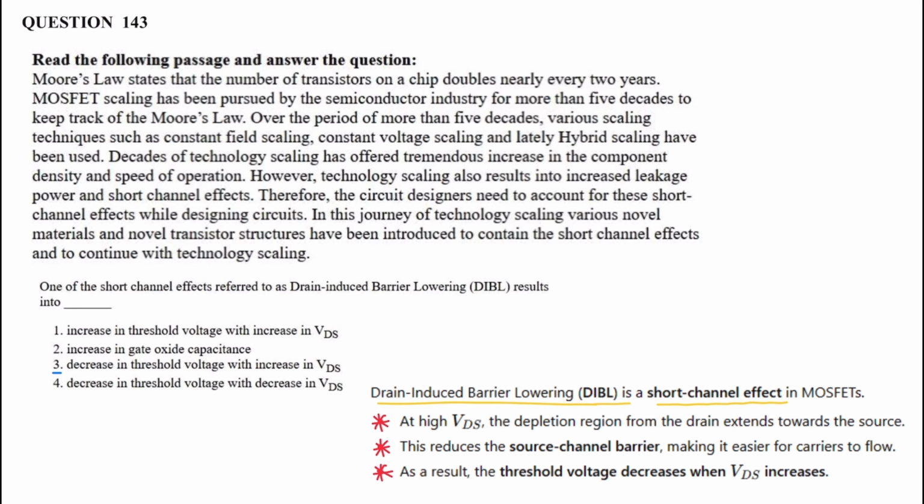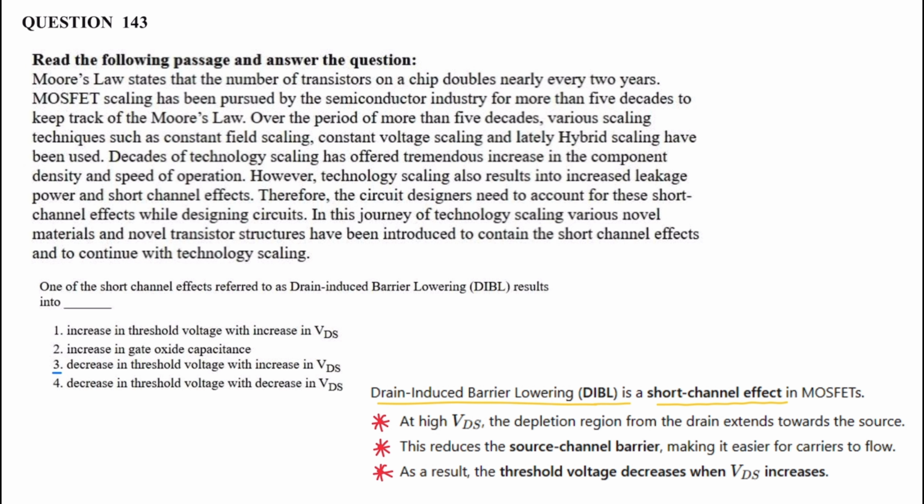Question number 143. One of the short channel effects referred to as drain induced barrier lowering results in. Drain induced barrier lowering is a short channel effect in MOSFET. At high VDS, the depletion region from the drain extends towards the source.